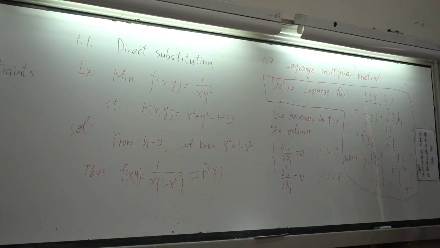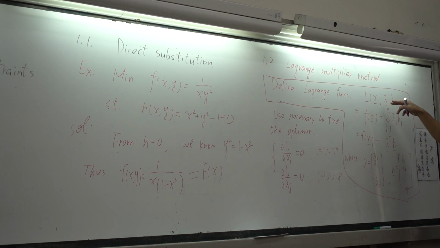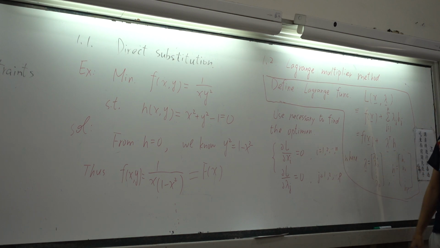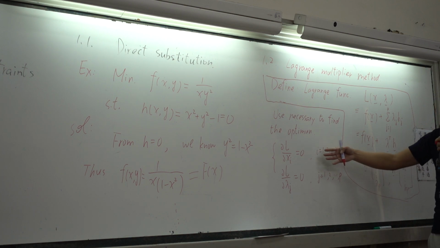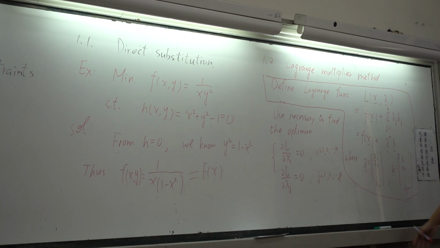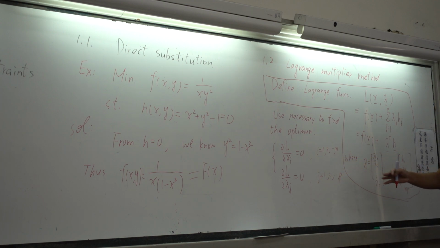So again, we treat L as a function of x and lambda, take the partial derivatives, set them to 0, and solve the equations. Now we have n plus p variables and n plus p equations, so we are able to solve for the solution.